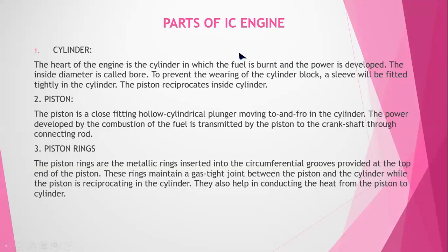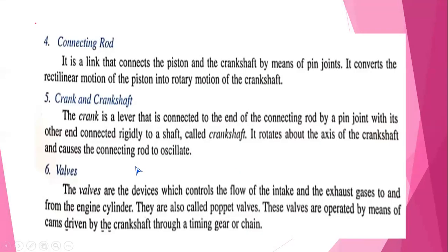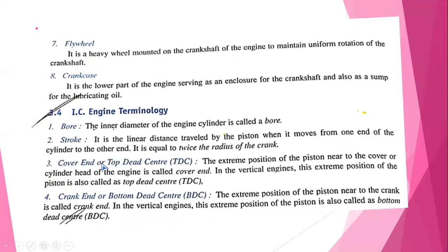Next, come to the point. As I told you, the parts of the IC engine, one by one: cylinder, piston, piston rings, connecting rod, crank and crankshaft, valves, flywheel and the crankcase. You have 8 parts. Go through the parts one by one. Write the explanation in your own sentences.